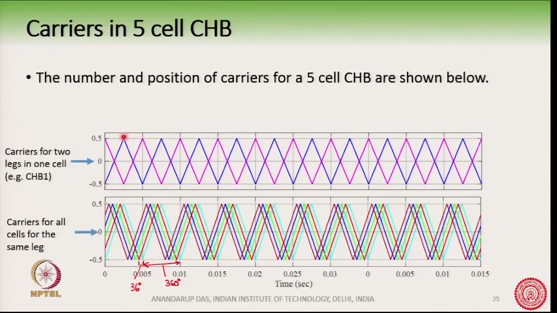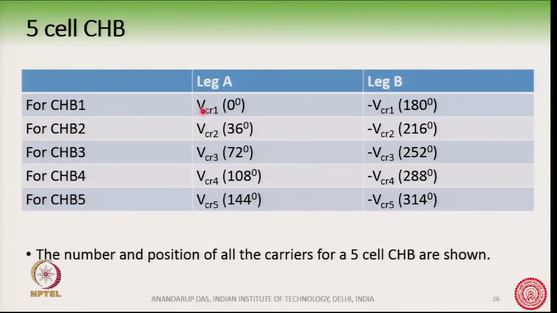For example, the blue one is leg A, the pink one will be leg B. Okay. So, these are the two carriers for the cell 1. VCR1 is 0 degree, and for leg B it is minus VCR1, 180 degree.